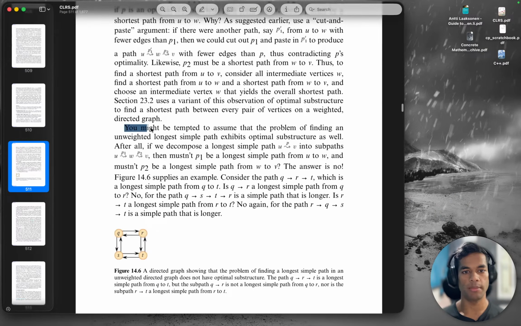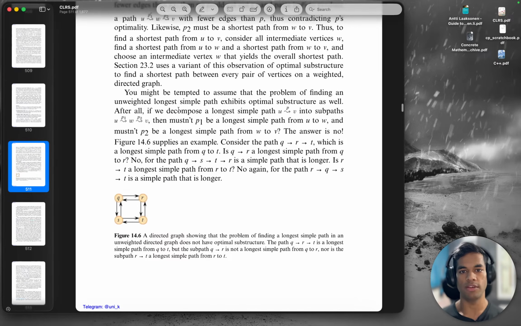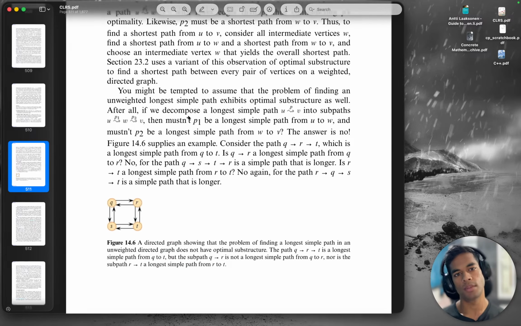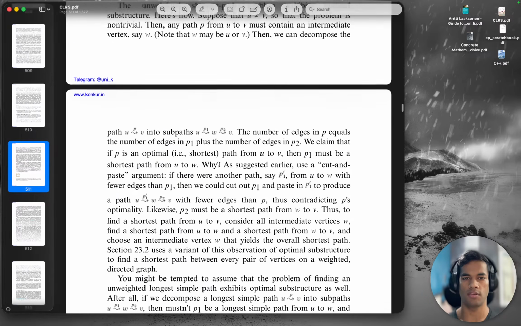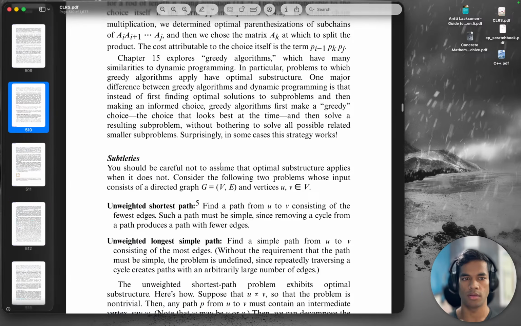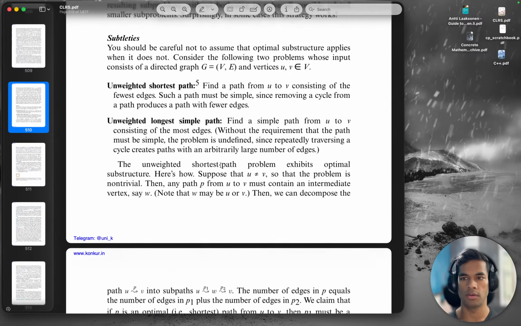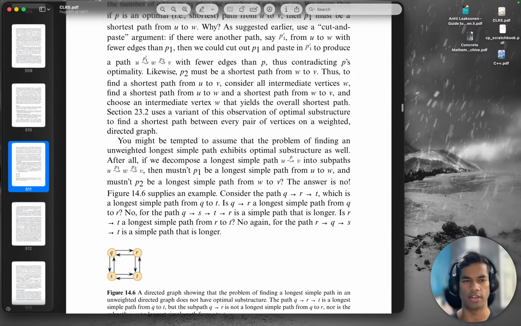And you might be tempted to assume that the problem of finding an unweighted longest simple path exhibits optimal substructure as well. Yes, it would. Why would it not?